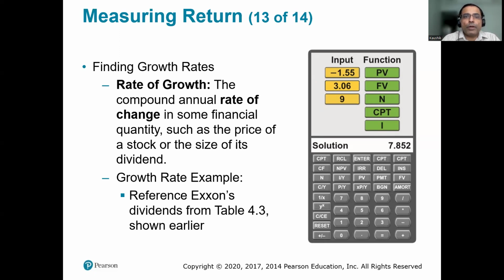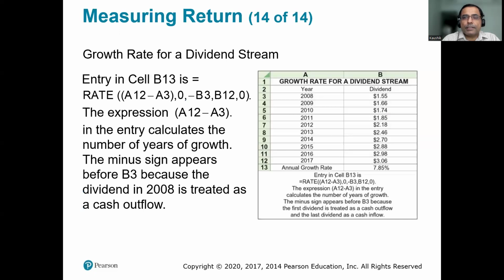So that is the compounded annual rate of growth. It can also be calculated using a financial calculator as well as an Excel file. So in this case, we take all the income streams and then we calculate the annual growth rate based on the total period during which the investment is held.